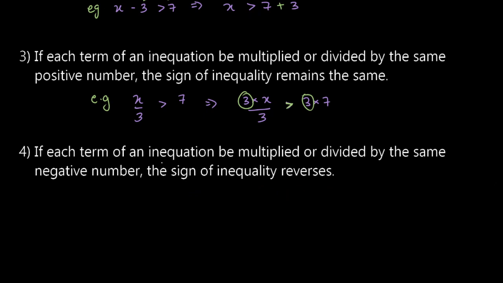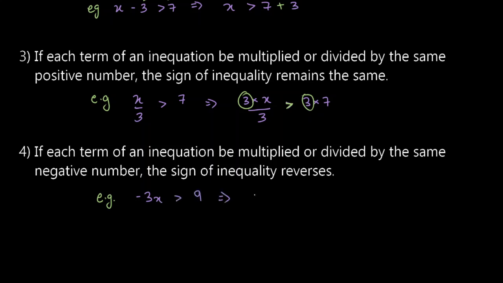Next one is, if each term of an inequation is multiplied or divided by the same negative number, the sign of inequality reverses. Right. Now, this is a rule or a point where a lot of you make mistakes as far as I've noticed. So suppose I have something like minus 3x is greater than 9, right?